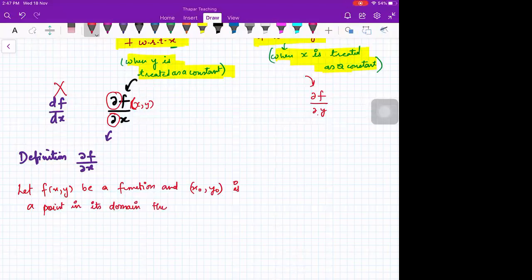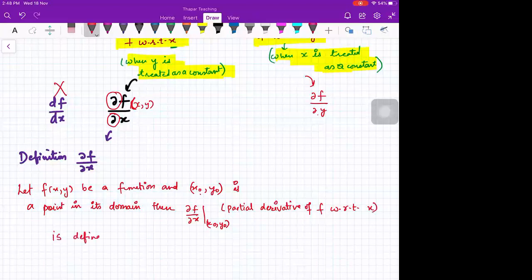Then curly f by curly x at (x naught, y naught), which is called the partial derivative of f with respect to x, is defined as follows.